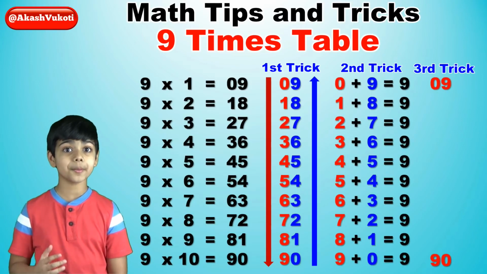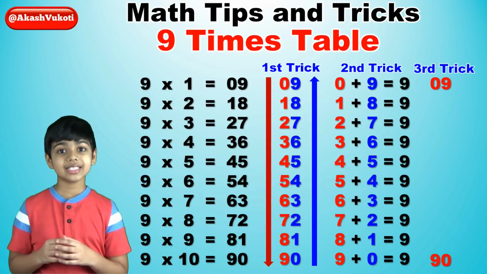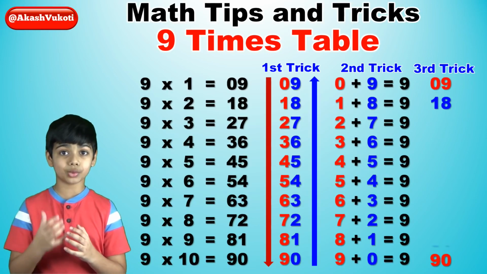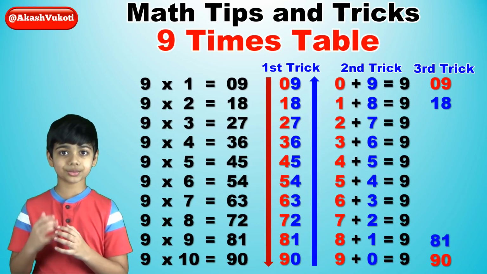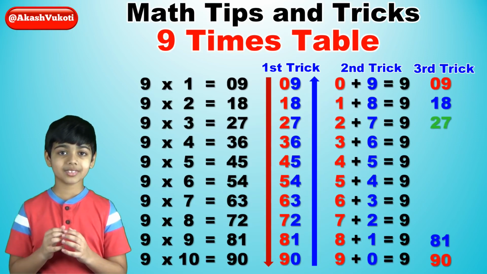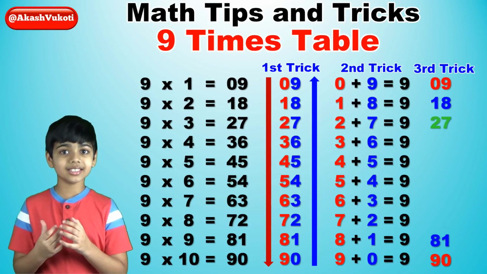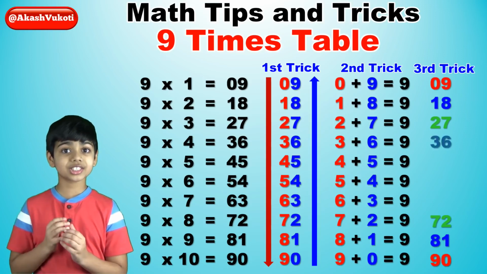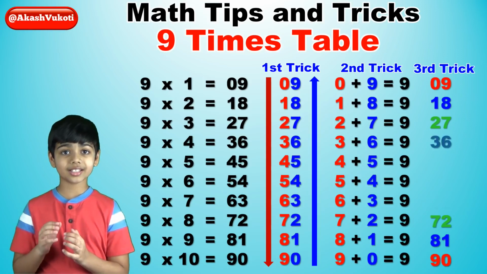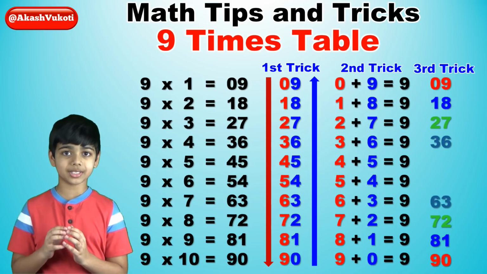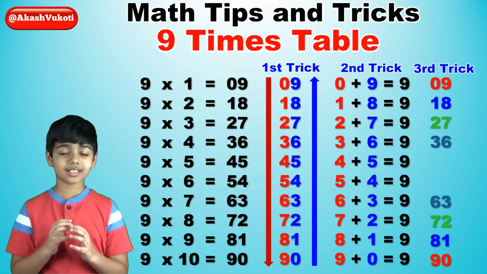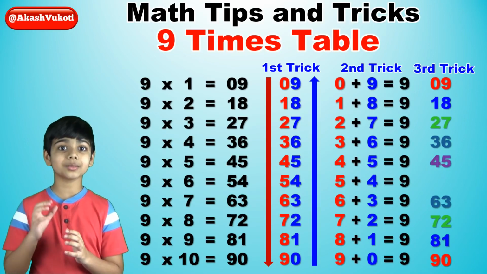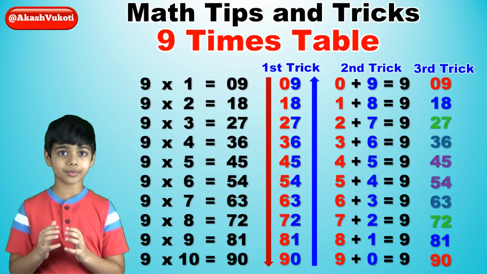In the same way, 9 times 2 is 18, and 9 times 9 is 81. 9 times 3 is 27, and 9 times 8 is 72. 9 times 4 is 36, and 9 times 7 is 63. And finally, 9 times 5 is 45, and 9 times 6 is 54.